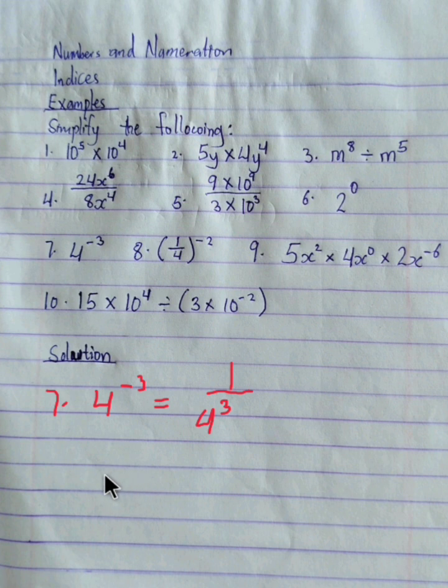Again, let's say we have 5 raised to power minus 5. This is going to be written as 1 over 5 raised to power 5. Whenever you have a negative power, it is going to be 1 over the positive indices.